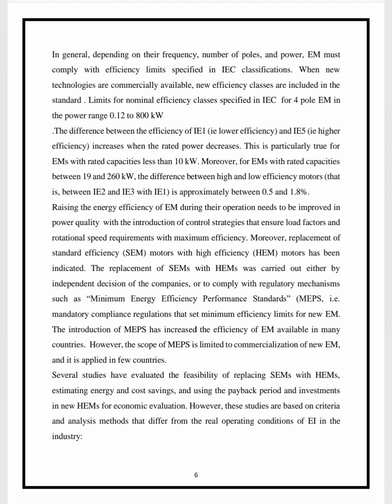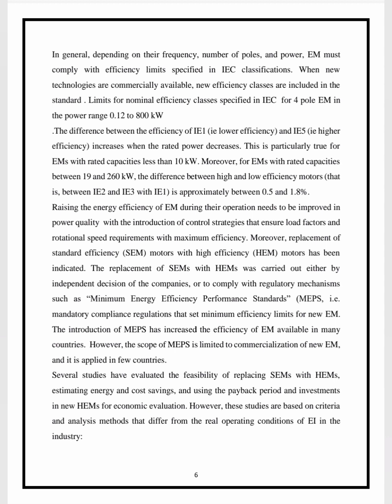four pole motors in the power range of 0.12 to 800 kilowatt. The difference between the efficiency of IE1, meaning lower efficiency, and IE5, a higher efficiency, increases when the rated power decreases. This is particularly true for motors with rated capacities less than 10 kilowatt.